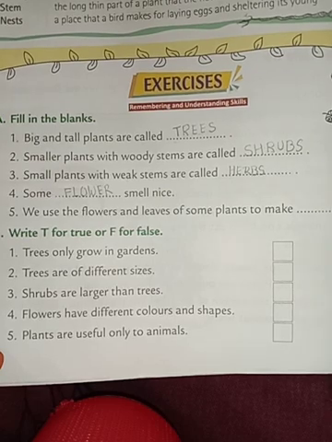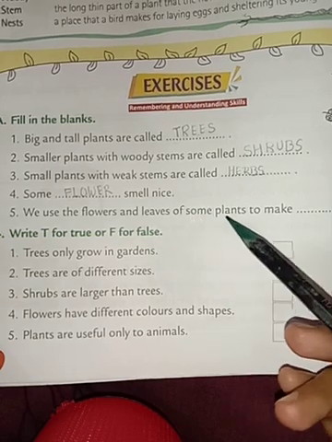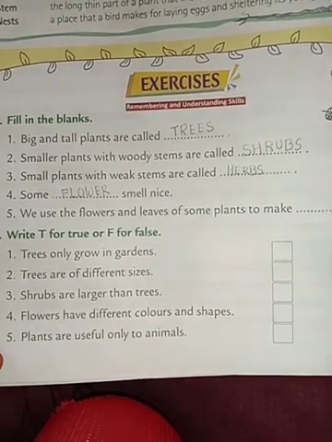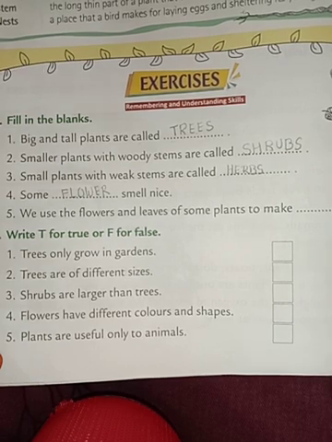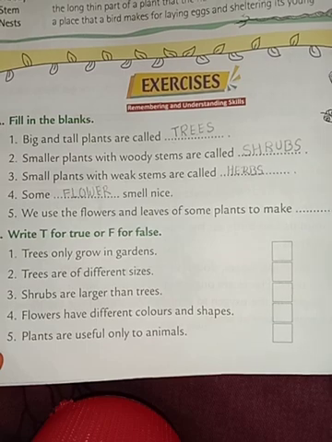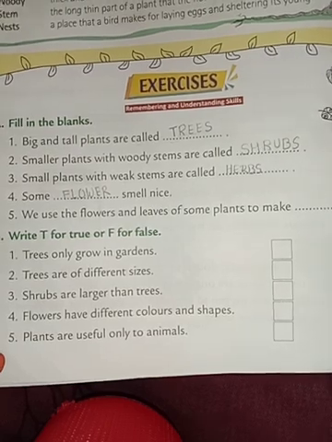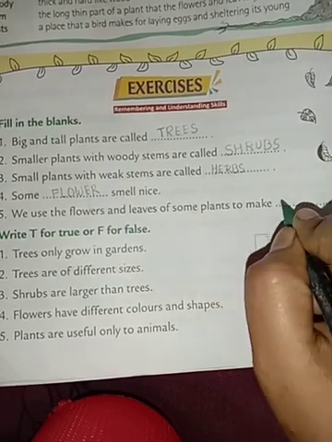Now the fifth one. We use the flowers and leaves of some plants to make dash. Yes children, we use the leaves and some flowers of the plants to make medicine.